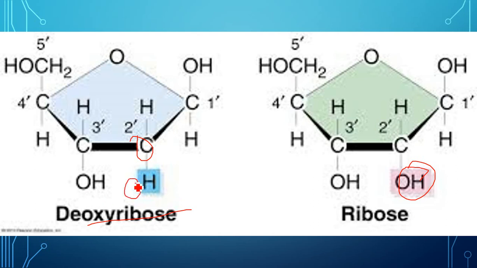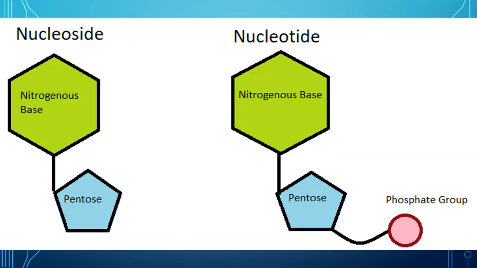But in case of DNA, from the second prime carbon position, the oxygen is removed. Hence it is called deoxyribose. De means elimination or removal, oxy means oxygen. The removal of oxygen from the second carbon position, hence the sugar is called deoxyribose sugar.